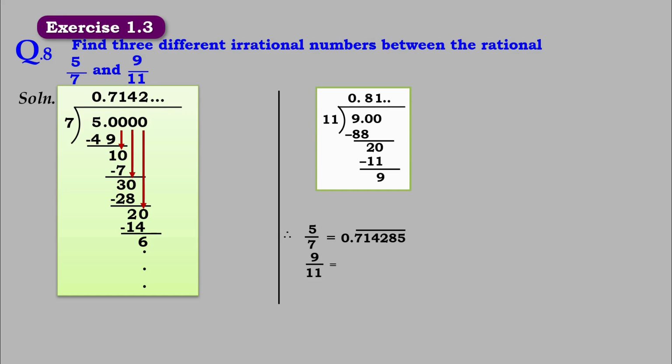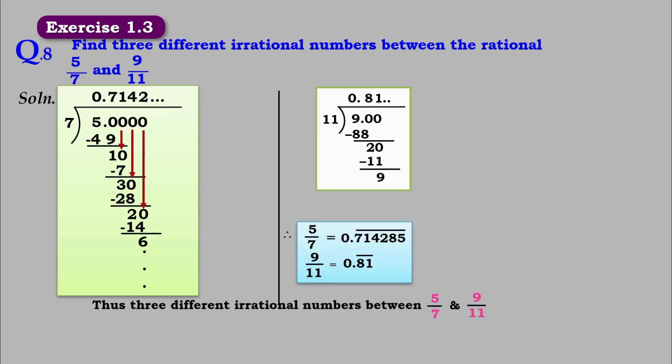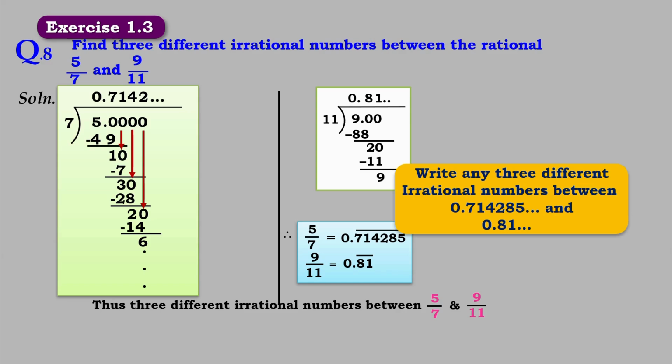And for 9 by 11, we got the remainder as 9. So that means the same 81 will be repeating. So we put 0.81 with the bar on top of 81. So thus, for the three different irrational numbers between 5 by 7 and 9 by 11, we have to write any three irrational numbers between these two non-terminating recurring decimal numbers.